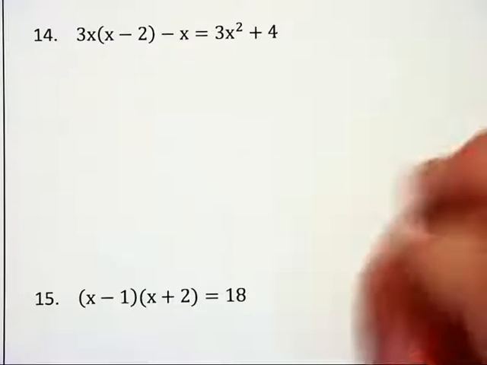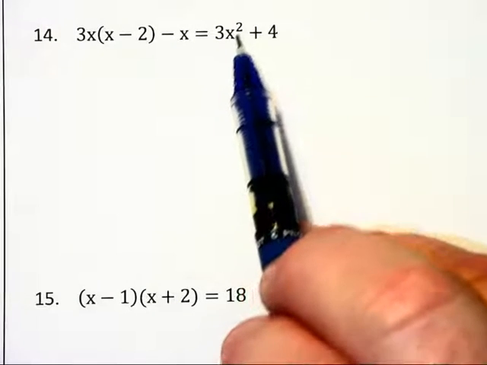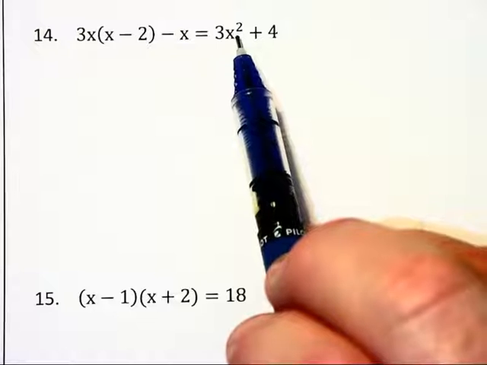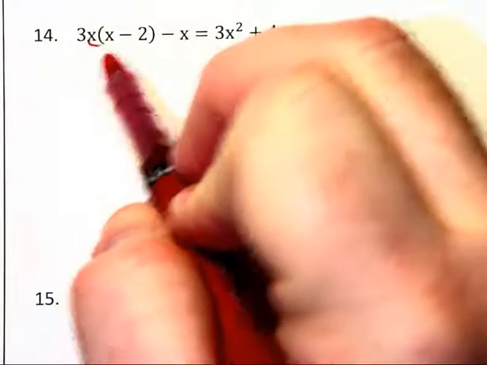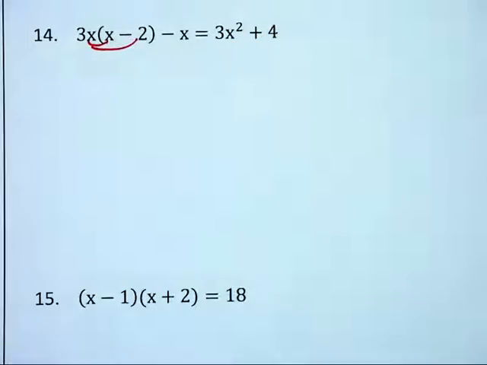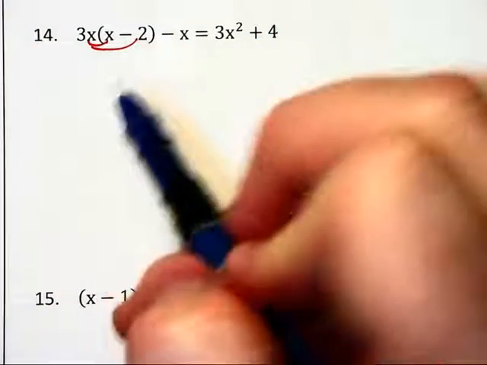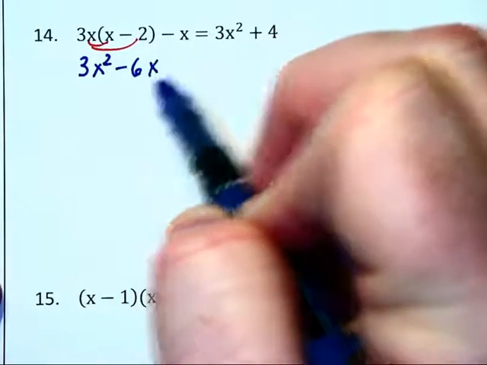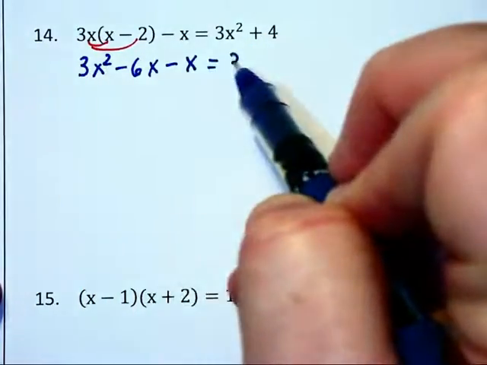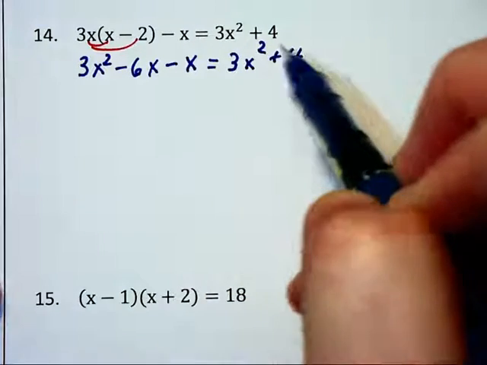Number 14 is a quadratic equation because it's got that x squared in it, but it doesn't have this nice, neat set equal to 0 pattern. So we've got to do a little bit of cleanup on this before we start the factoring. We will have 3x squared minus 6x minus another x equals 3x squared plus 4.